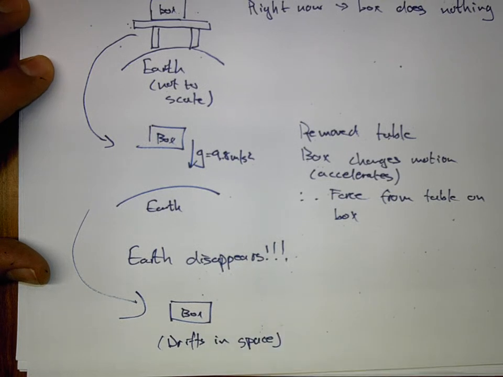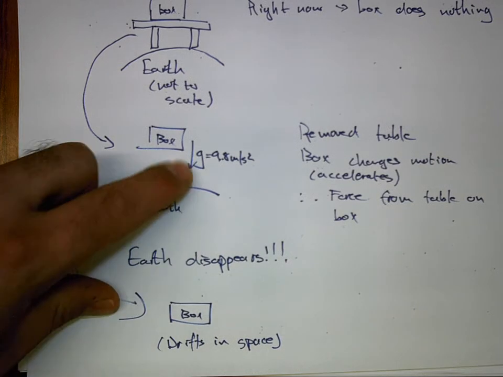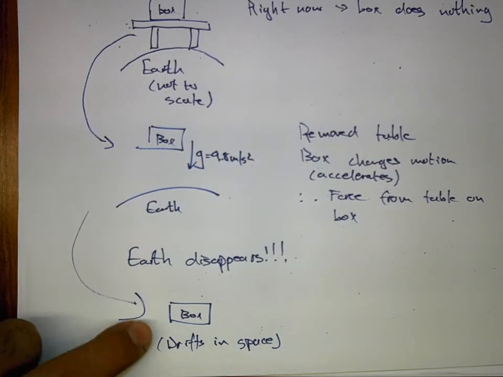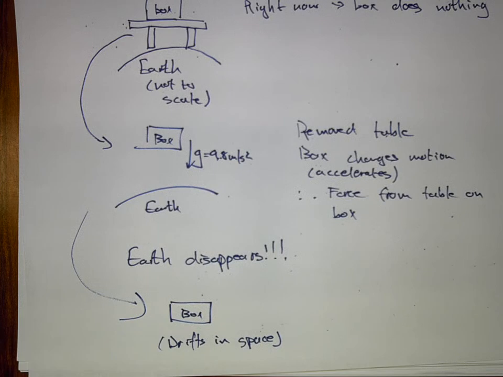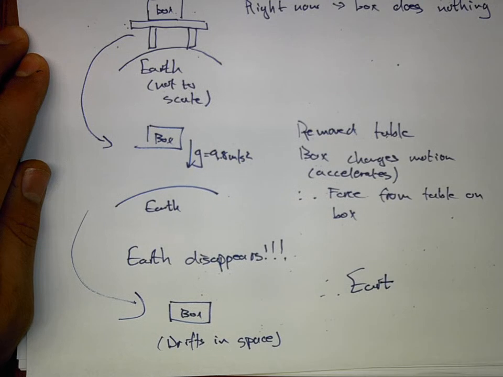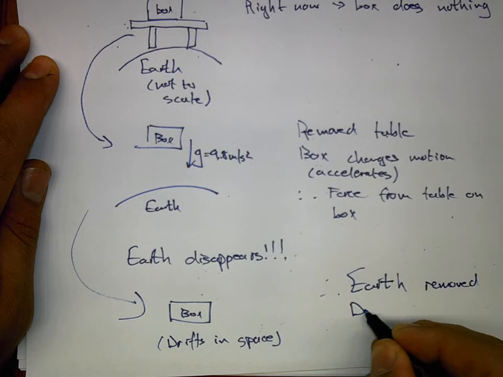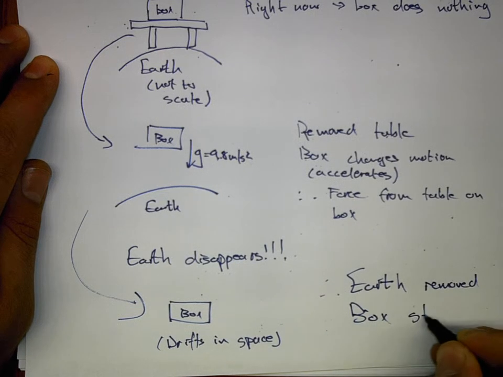So it's not accelerating. So if it was accelerating, and I now take the earth away, now suddenly the box is changing its motion by doing nothing. So therefore we can also say, earth removed, box stops accelerating.